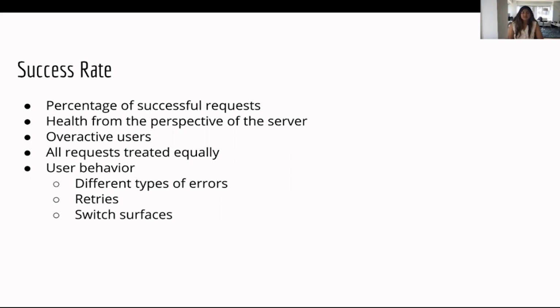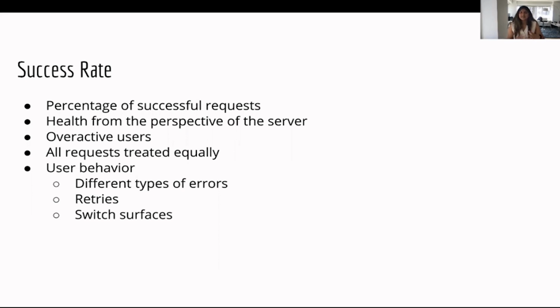And so success rate is really useful for measuring health from the perspective of the server, meaning that success rate helps us identify what the server thinks it is responding to the user, or sort of what number of requests the server is responding to successfully.